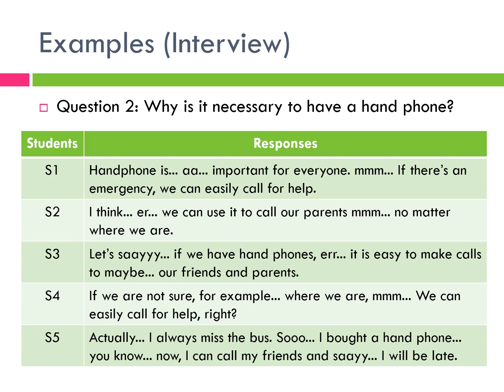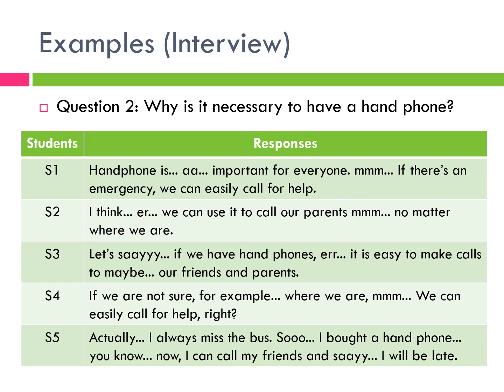So you have 5 respondents here, and you put everything into tables like this, according to question, and then you list down the responses. Student 1, handphone is important for everyone. If there is an emergency, we can easily call for help. This is what I mean by verbatim transcription. If you look carefully, there is the sound made by the speaker.